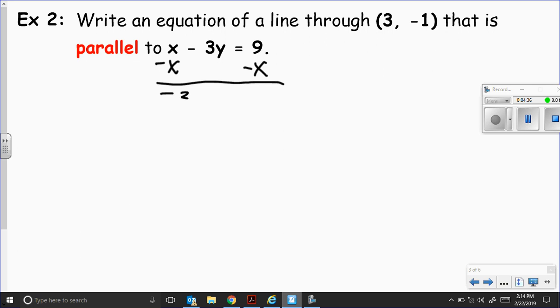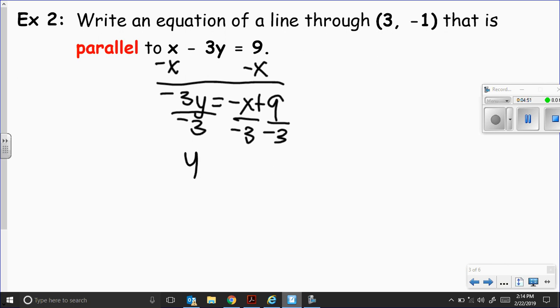So we have negative 3y equals negative x plus 9. And then we're going to divide by negative 3. And so now we've got y is equal to 1/3 x minus 3.